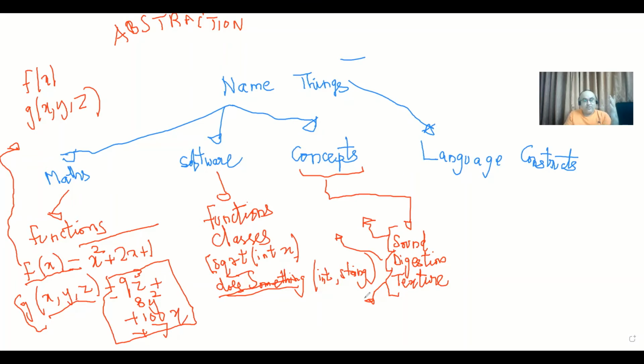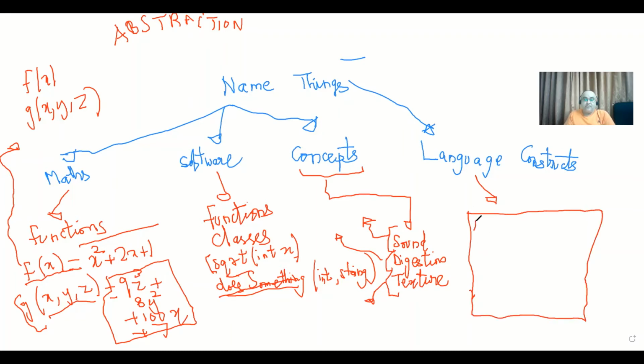And once we get a handle on it, that this is what we mean by a name for naming a concept called texture, by abstracting it out, now we can discuss it further, explore it, research it, talk about it, whatnot.